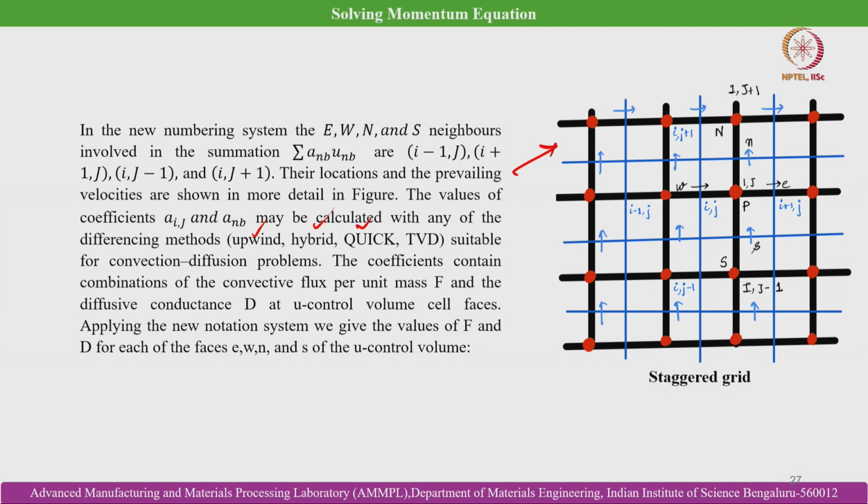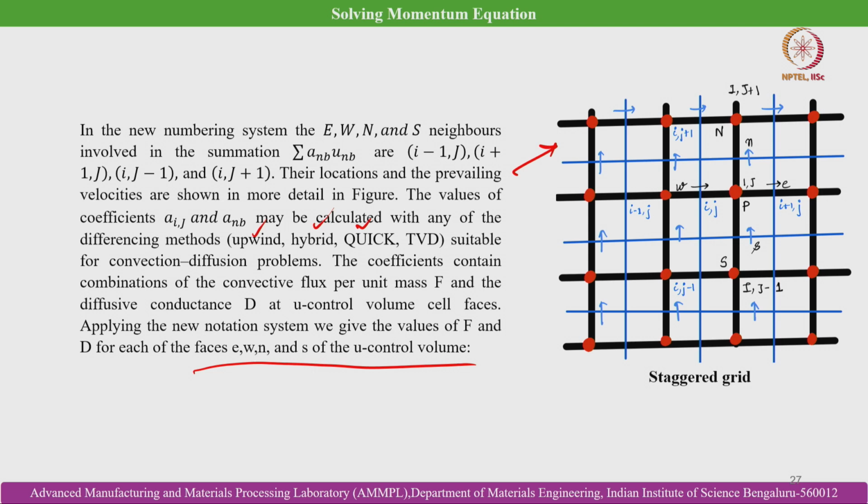Applying the new notation system, we give the values of F and D for each of the faces, that is small e, w, n and s, east, west, north and south, of the u control volume.